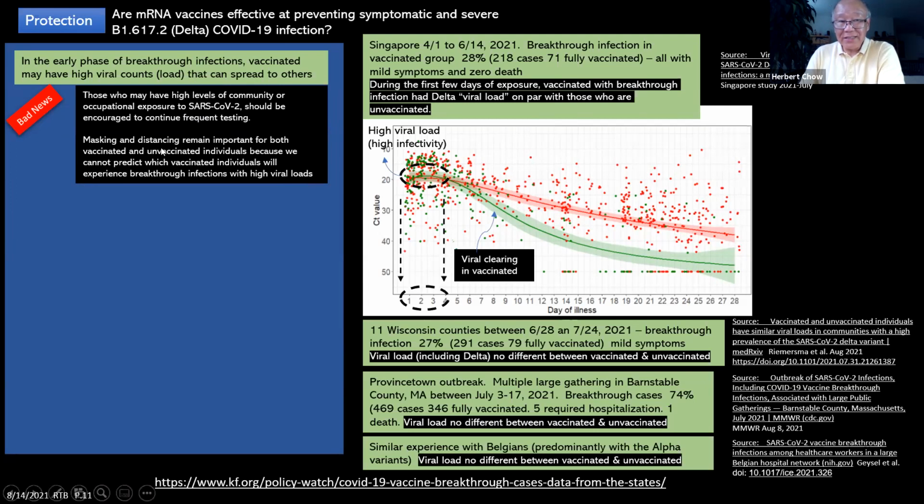So masking and distancing remain important tools for vaccinated and unvaccinated individuals, because we cannot predict who is going to have breakthrough infections, and when breakthroughs occur, whether the person is carrying the high viral load and for how long, right?